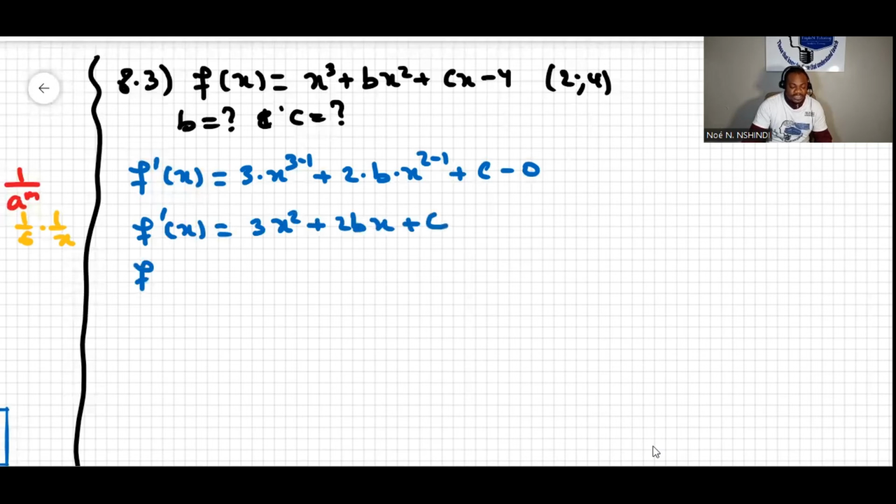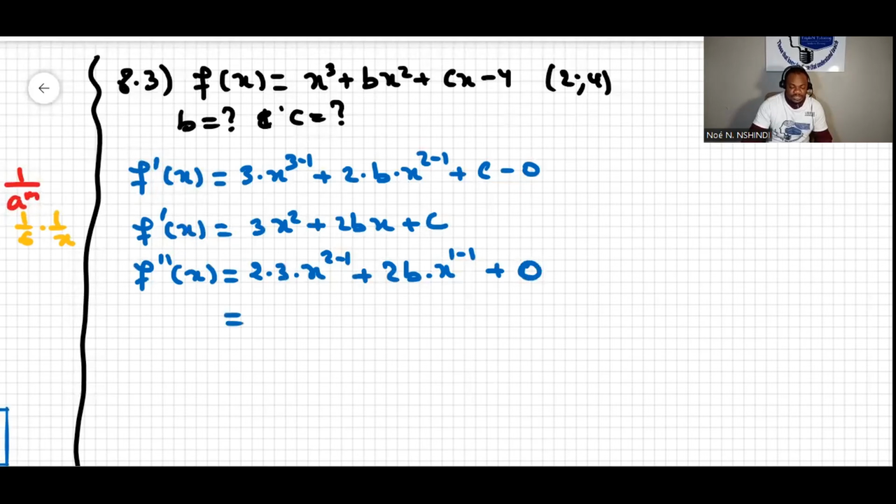Now the second derivative, f prime prime of x, will be 2 times 3 times x to the power of 2 minus 1 plus 2b times x to the power of 1 minus 1. C is a constant, and the derivative of a constant is 0.